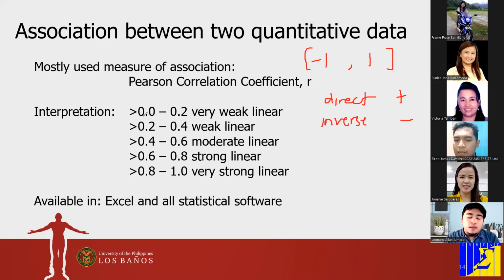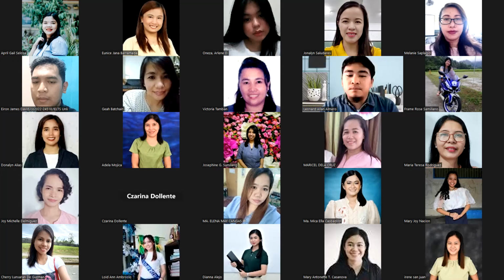Now, this interpretation, ito po yung ginagamit namin sa instant. Ito po yung tinuturo namin sa aming mga students. So, pag zero kasi ibig sabihin niya no association. Kasi nga zero, wala silang kinalaman sa isa't isa. Pag greater than 0 to 0.2, very weak. Tapos idadagdag na lang po natin kung direct o inverse.